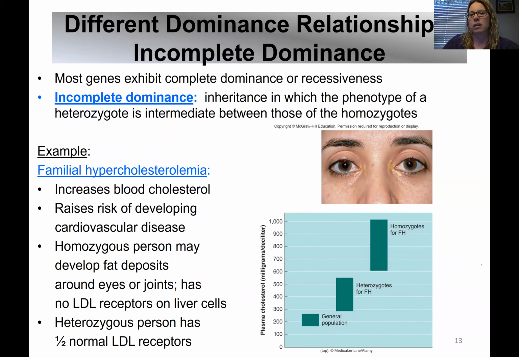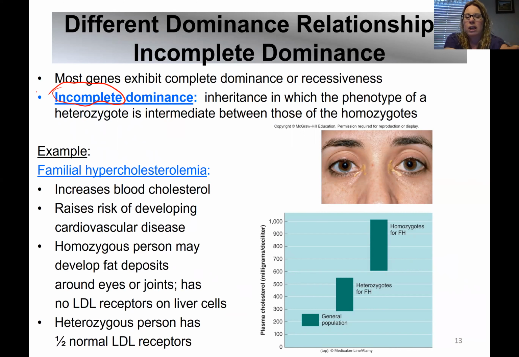But in reality, not all traits are completely dominant. Not all traits are controlled by one gene. Sometimes there are exceptions to Gregor Mendel's rules. We have sometimes what is called incomplete dominance.